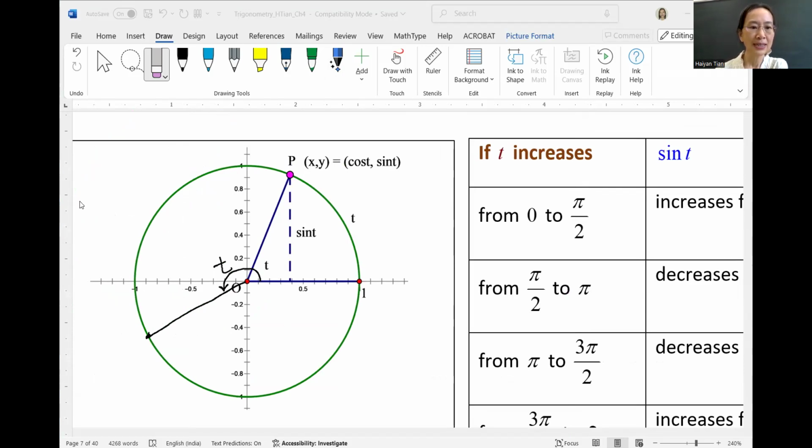The sine t will be negative, right? So here is the point P, because its x coordinate is cosine t, y coordinate is sine t. I keep reminding you of that. So the y coordinate of P here, this line, you see it is negative. That is our sine t for this t.